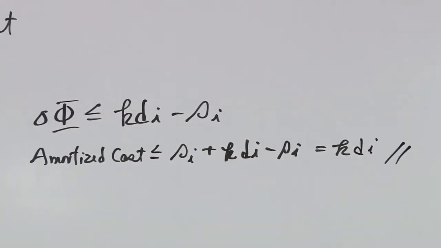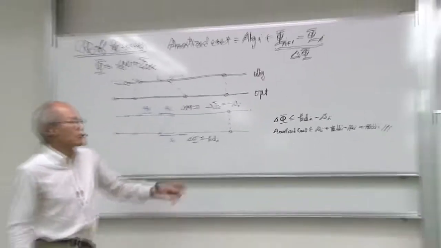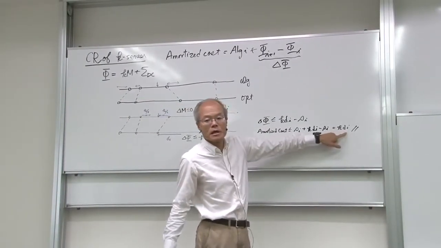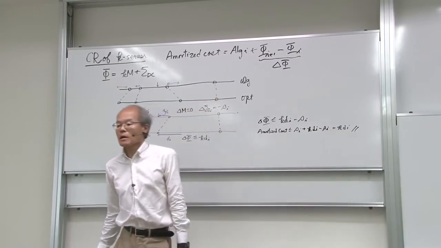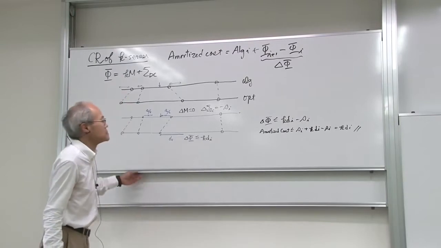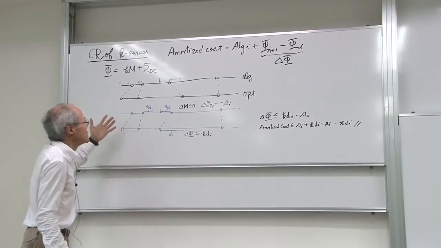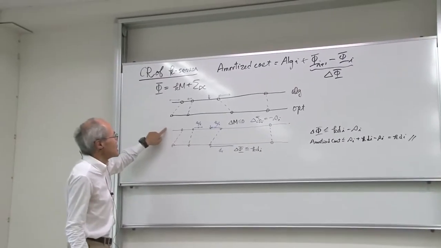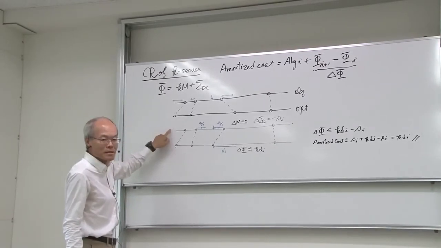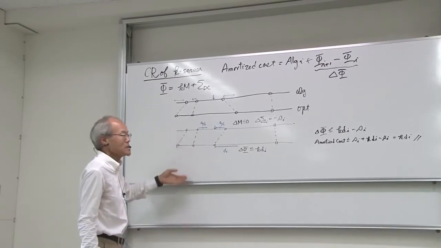So this is enough for us. If the amortized cost is k times the cost of opt, then the competitive ratio is at most k. Good. Of course, there's another case, where the request comes around here, but that is easier.